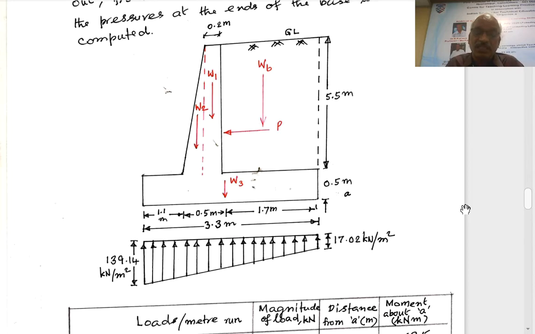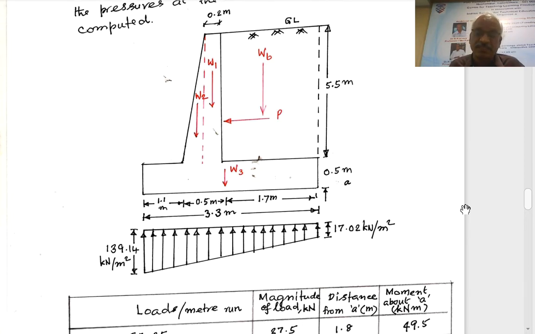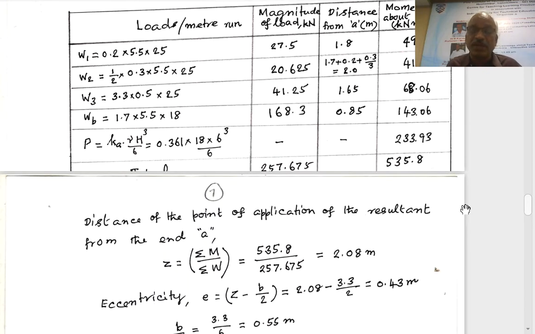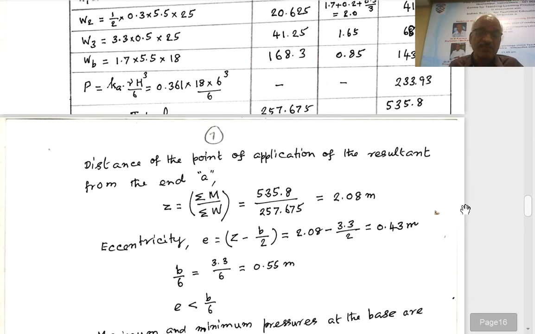The resultant of all these forces, let it be at a distance equal to Z from the point A. So Z is given by 535.8 by 257.675, that is 2.08 meters. Right. Therefore, eccentricity is the distance measured with respect to the center, to the left or to the right. So E equals Z minus B by 2, which is equal to 0.43 meters.